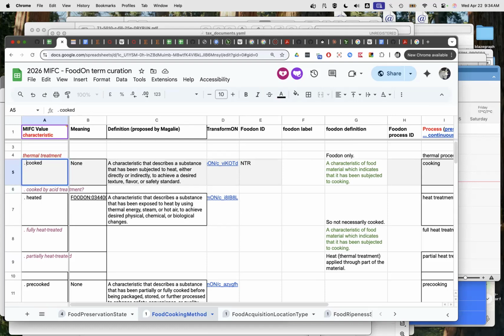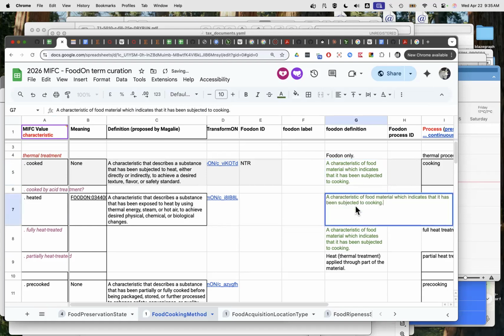I agree. Thermal treatment, cooked. Cooked, if it's still an encompassing term, heated, just subjected to a heating process.